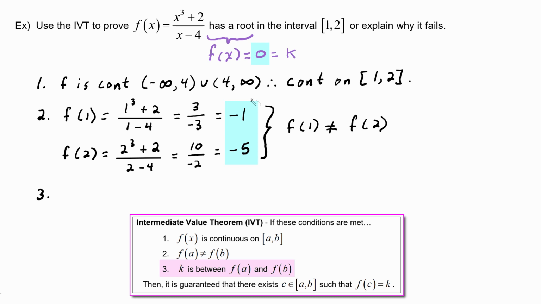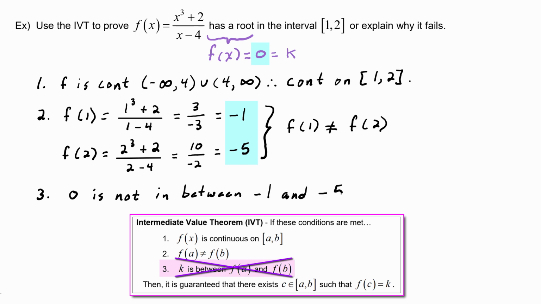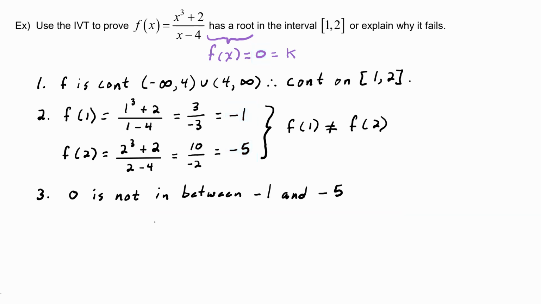So in this case, this function fails the intermediate value theorem's hypothesis at step 3. So we would say 0 is not in between -1 and -5. So therefore, the IVT does not apply.